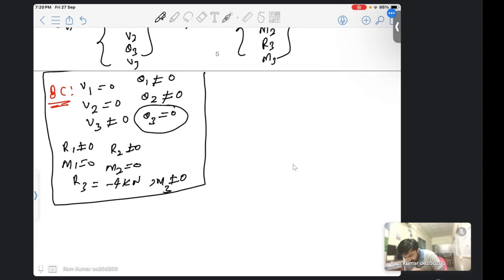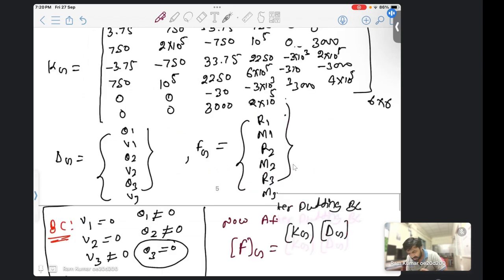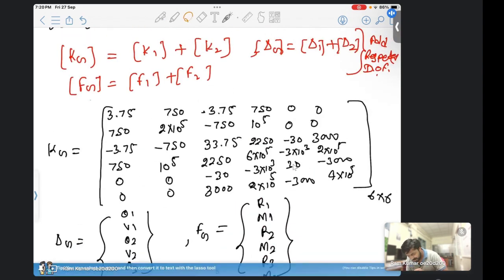Now after putting the boundary conditions, this will be F global equal to Kg global into delta global. Okay. So I will just copy this stiffness matrix here.